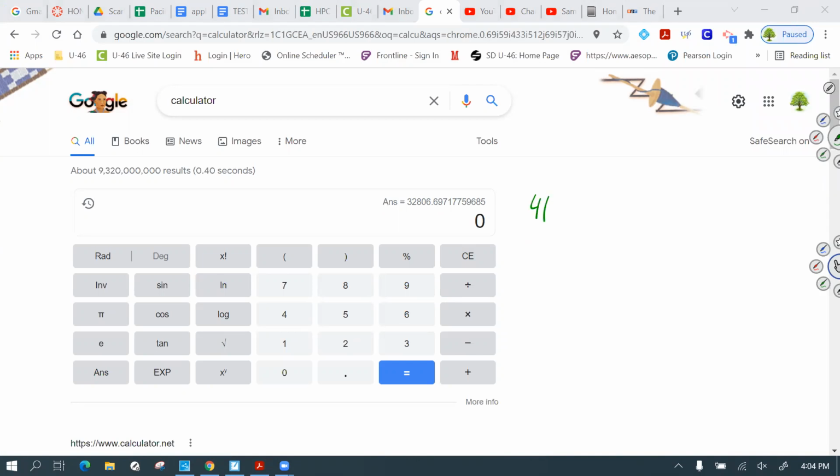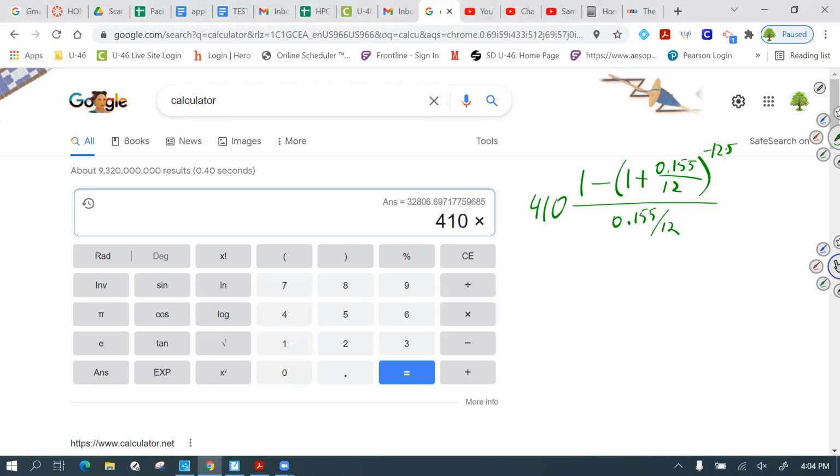So I've got 410 times 1 minus 1 plus 0.155 over 12 raised to the negative 12 times 5, which is negative 60, over 0.155 over 12. So 410 times, now I need parentheses. I'm multiplying by a big fraction, and that fraction has a numerator and a denominator. So they must be grouped together.